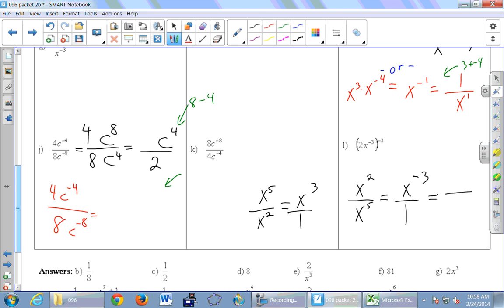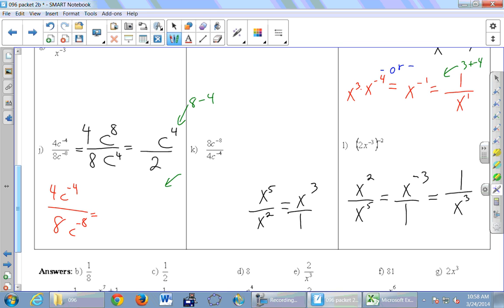Where do we move the x to the negative 3? To the bottom. Then we get this. I'll put my placeholder there. So then here's a nifty shortcut that I apply and encourage you to apply as well. What can we do with the 5 and the 2 to get this guy from the beginning? Subtract the other way, right? You could just do 5 minus 2 and know that the answer is going to be in the bottom.